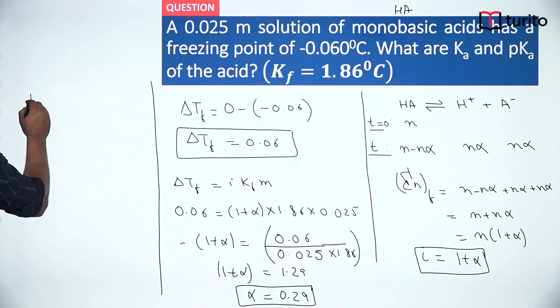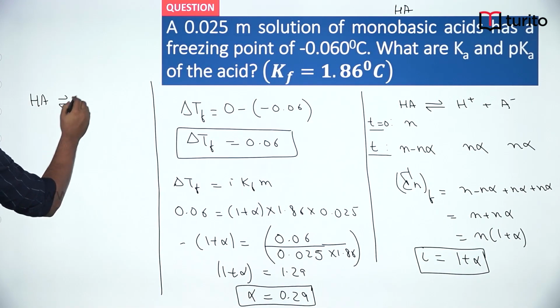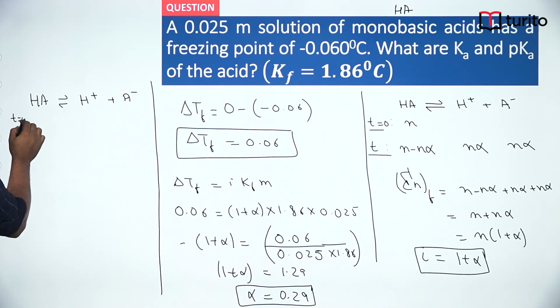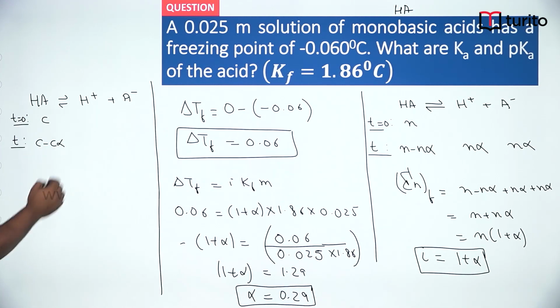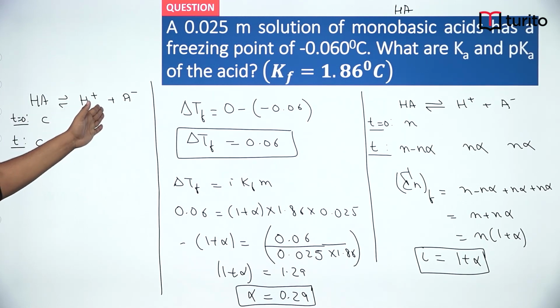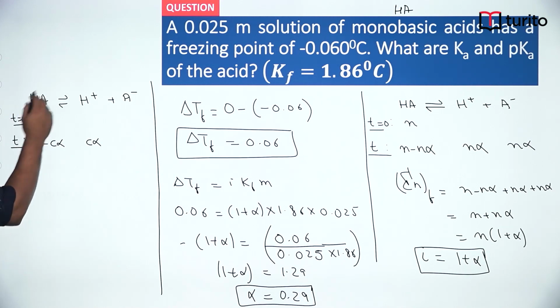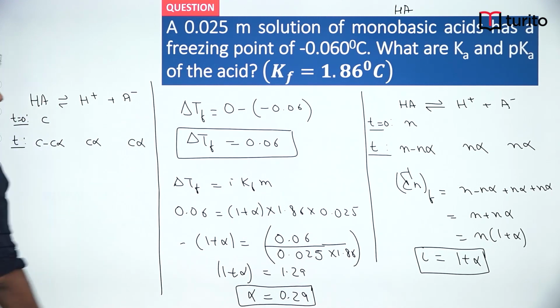So we now know that HA is dissociating into H plus and A negative. At time t equals 0, the initial concentration is C. After time t, the concentration would be C minus C alpha. Now 1 mole of HA is giving 1 mole of H plus, so C alpha that reacted would give us C alpha H plus. 1 mole of HA gave 1 mole of A negative, so C alpha that reacted would give us C alpha concentration of A negative.